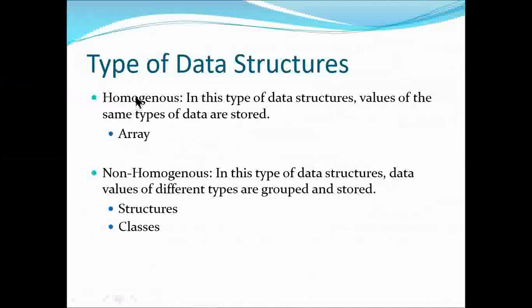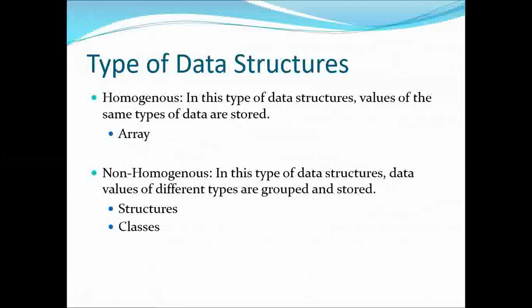Homo means same, right? So if you say homogeneous, we are referring to something that is similar. As we discuss the arrays, we look at how we can store data which are only the same type. For example, if you're storing integers, you can only store integers, nothing else. If you're storing strings, you can only store strings, nothing else.